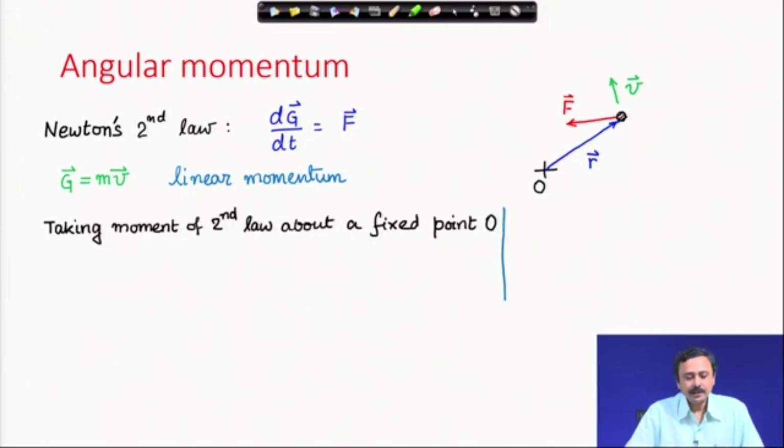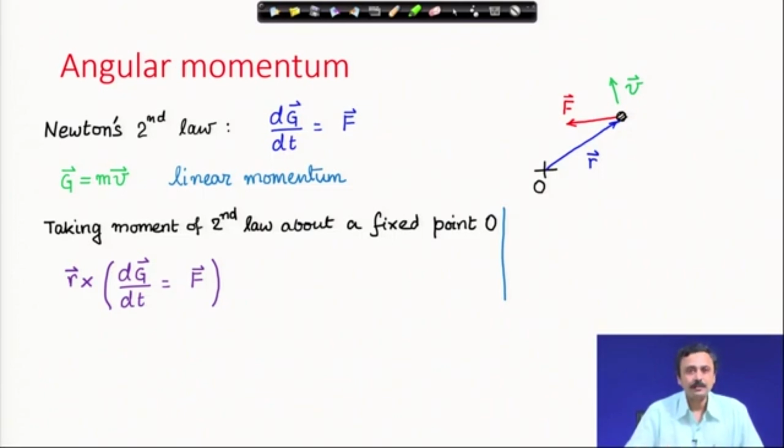If I take the moment of the second law about this fixed point O, then what happens? Let us see that. Moment of the second law about O, that means I do an r cross on both sides of the second law. Moment of any vector I can define this way: the arm vector cross the vector whose moment I want to find out.